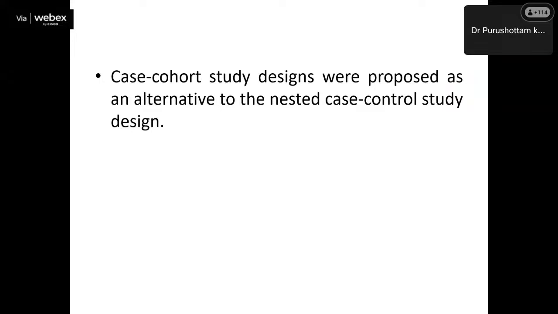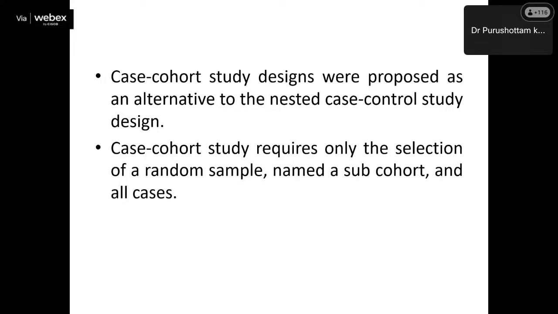The case cohort study design was proposed as an alternative to the nested case control. यहाँ पे nested case control में क्या है? For each case you have to take the control, but here क्या है? Case आप develop होने देते हो, total 100 cases develop हुआ, now we have to take the 100 controls or 200 or 300 controls, like that. So case cohort study requires only the selection of random samples named as sub cohort and all the cases.